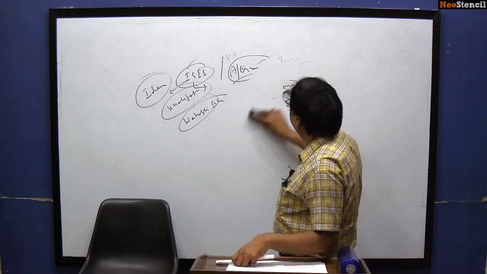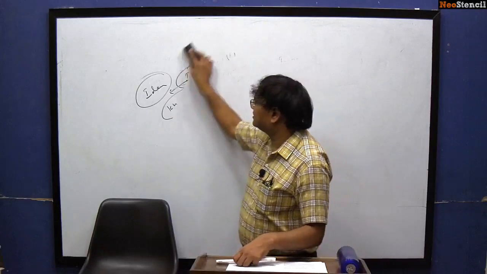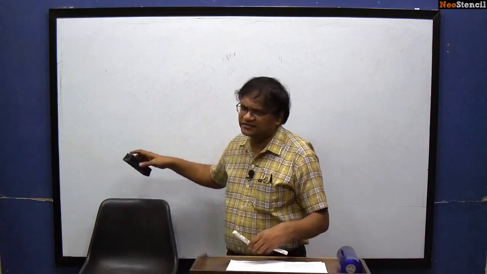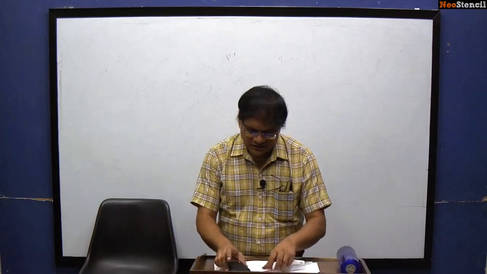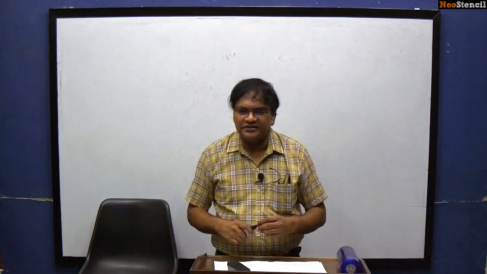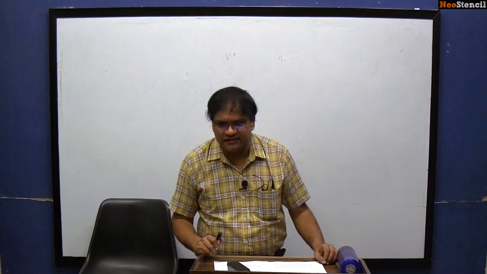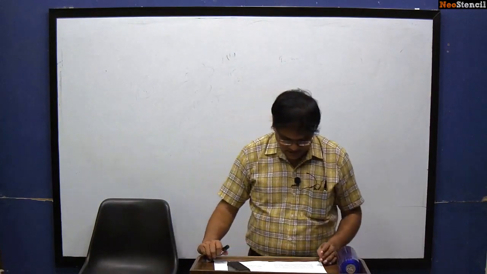So how do you start your answer? You start your answer with the statistics. According to NSSO, the unemployment rate in the country is the highest in the last 45 years. That is what it says.